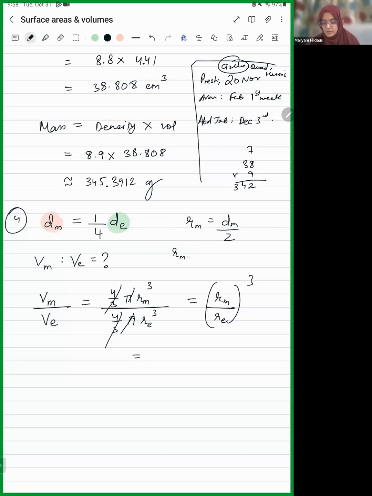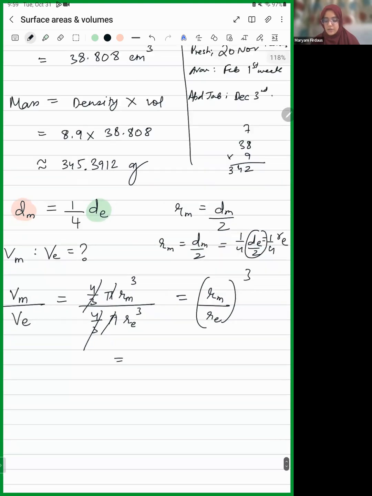Radius of moon is equal to dm by 2, which is 1 by 4 de by 2, which is 1 by 4 radius of the Earth. Till here, is it clear or should I repeat?